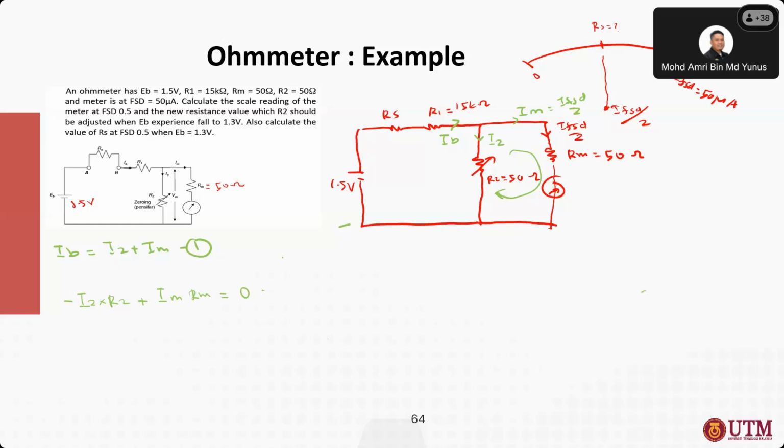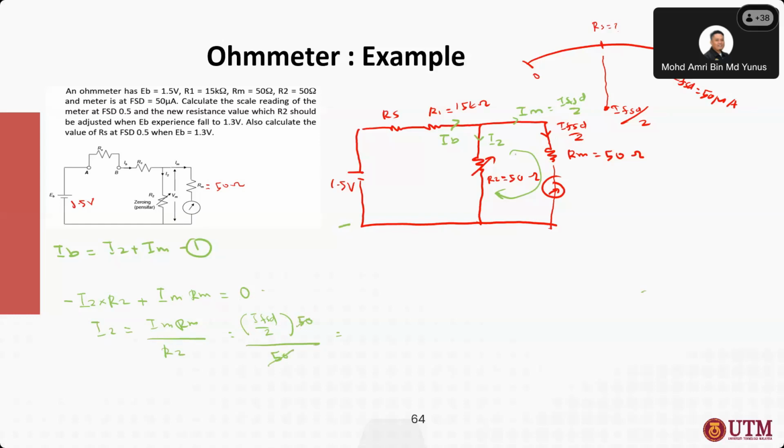Therefore, I2 is equivalent to IM RM divided by R2. And IM is IFSD divided by 2, and RM is 50, and R2 is 50.